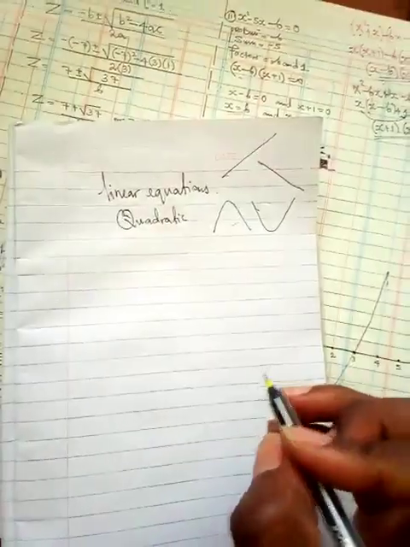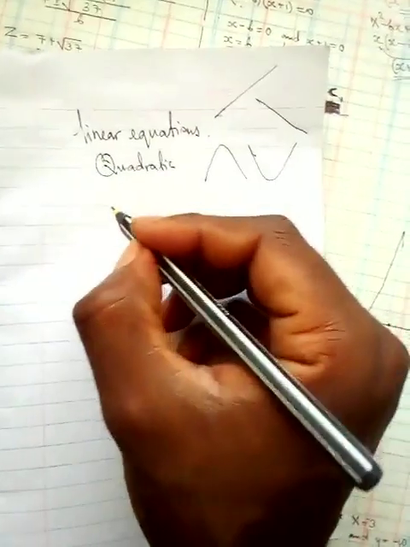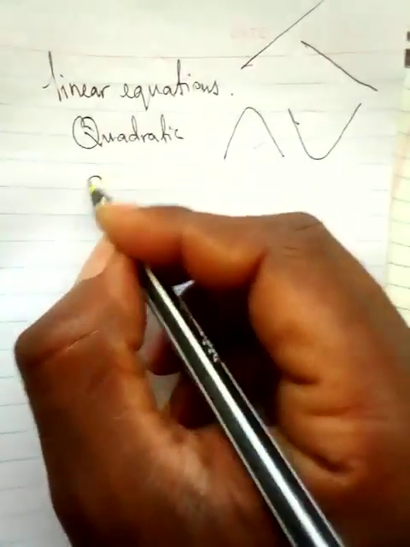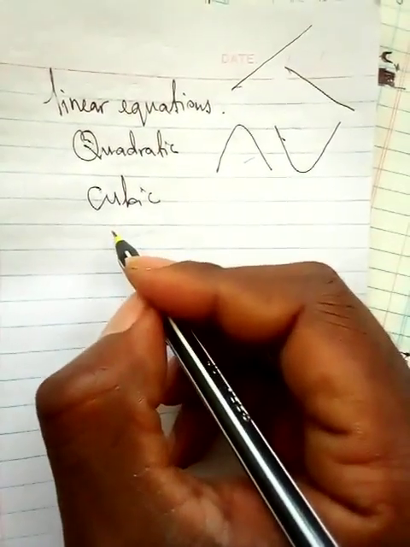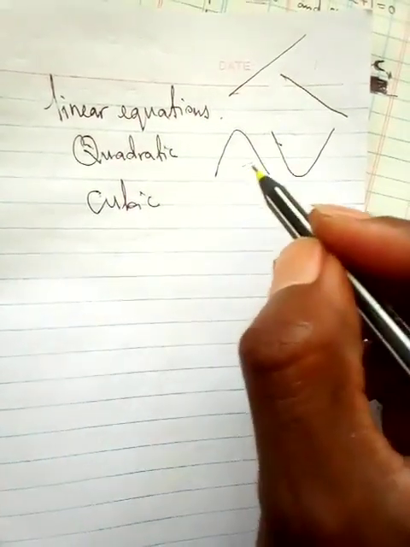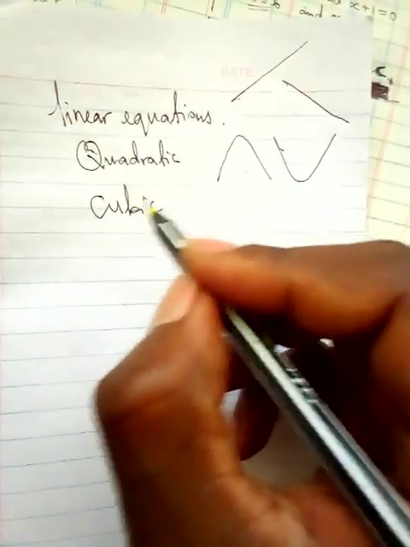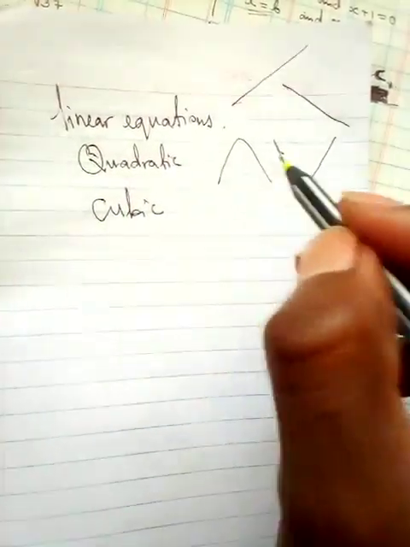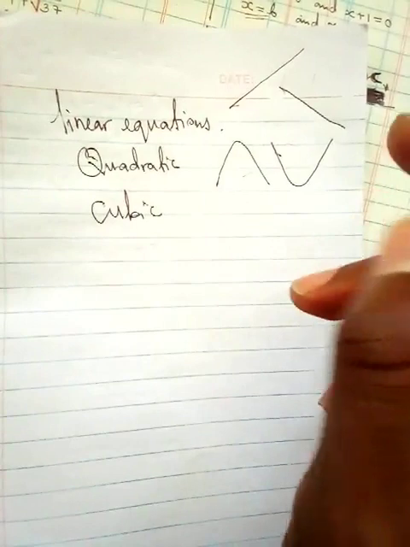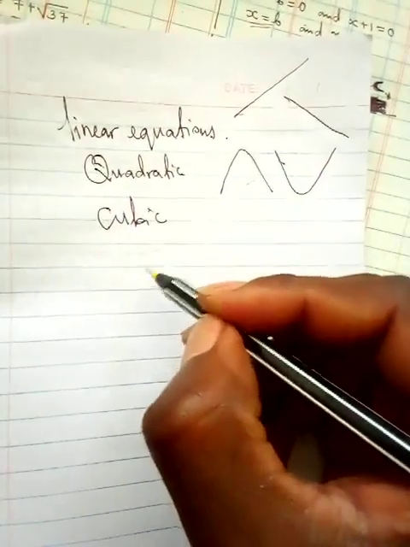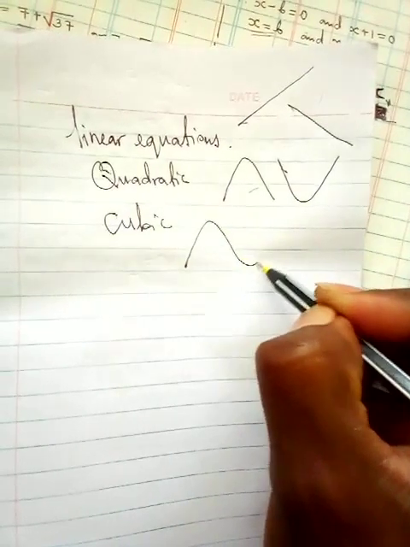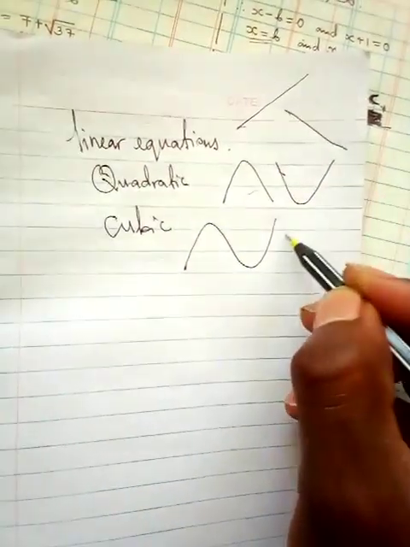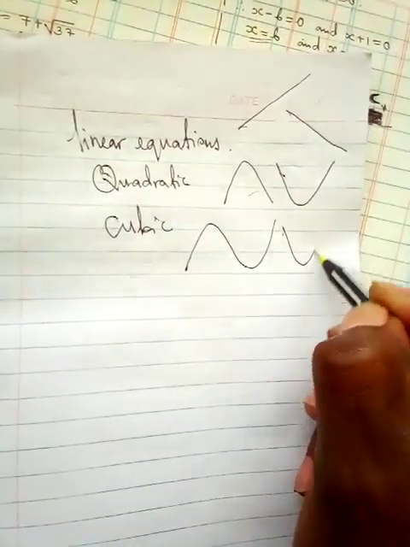But when you are talking about cubic functions or cubic equations, they are more like two quadratic graphs just placed together. So anytime you're plotting them, they can come out either in this way or they can come out in that way.